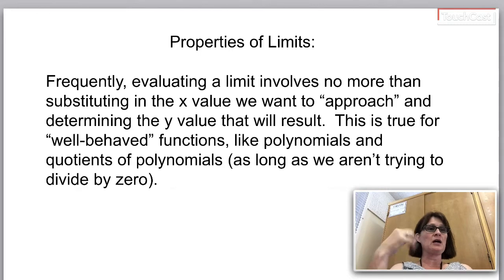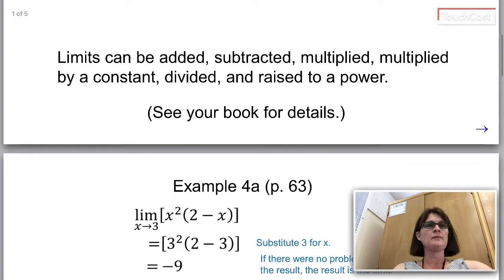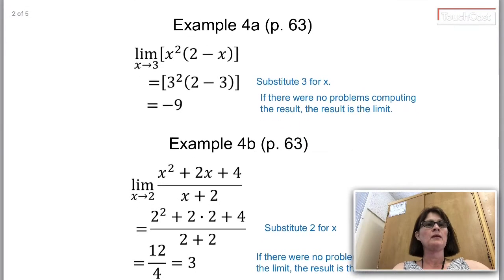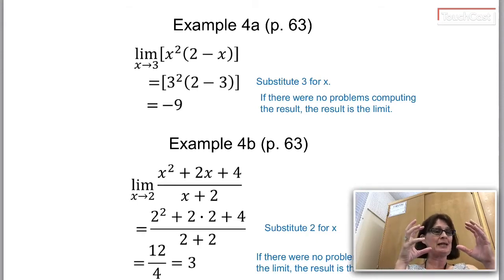There's a place on the bottom of that notes paper for you to fill in these two examples, and you can look at these in the book too if you prefer to watch how the book explains it. I've been asked to find the limit as x approaches 3 of the quantity x squared times the quantity 2 minus x. I can simplify that by replacing x with 3 and making sure I follow the order of operations.